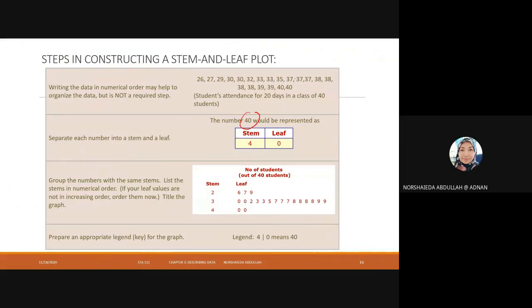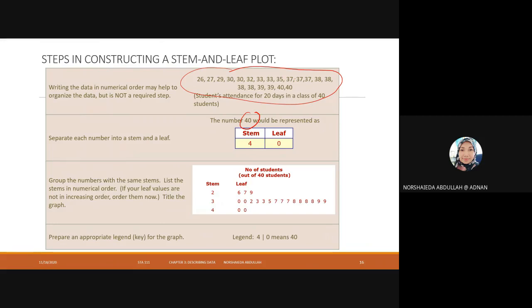We divide it into two parts. The first part, the digit 4, will be the stem, and the second part, the digit 0, will be the leaf. Each of the data here is 2 digits. So the stem will have 1 digit, and the leaf must be 1 digit.